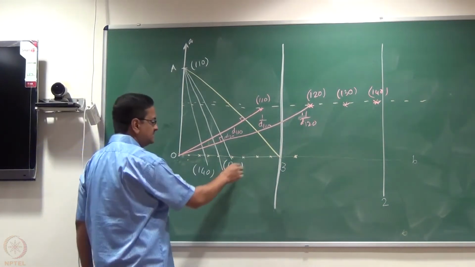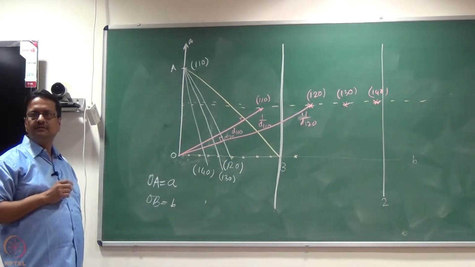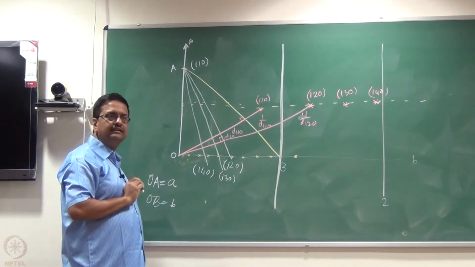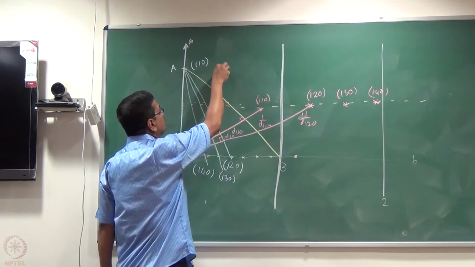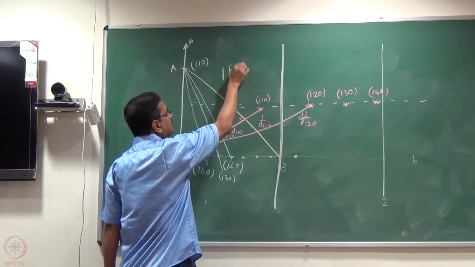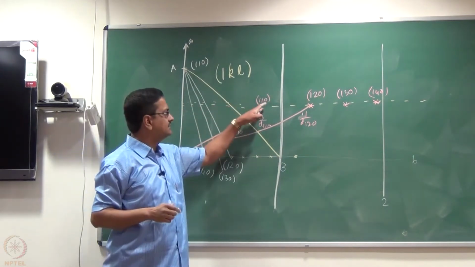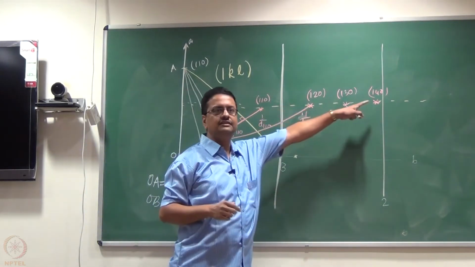So, the planes which I have drawn can have general Miller indices as 1, k, l. In this direction, k is changing, l remains fixed.